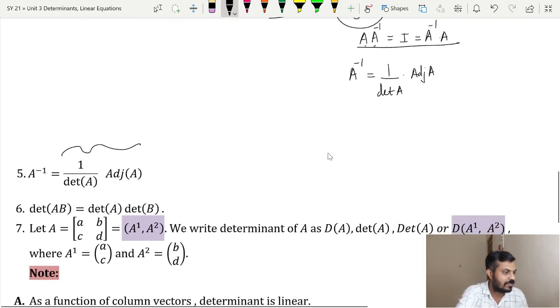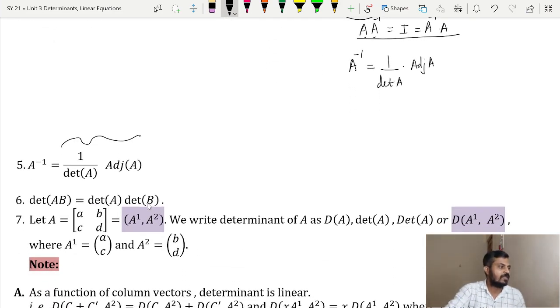Now moving towards the next property. The sixth property says that determinant of AB is equal to determinant of A multiplied by determinant of B. Now what is the meaning of this? The meaning is simple. Suppose you have two matrices A and B, and we are interested in finding the determinant of A multiplied by B. And suppose you are not in a mood to find the multiplication, because what is our usual method?